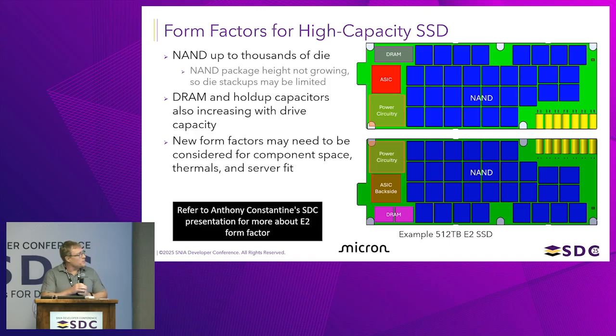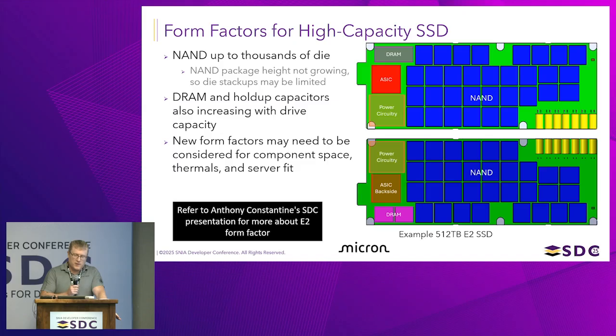All right, briefly, and I think this has been covered in other places here, Anthony Constantine from Micron covered the E2 form factor. But basically, we're having trouble fitting all the parts we need on gigantic drives like this. You can see there's 64 NAND placements here on this E2 512 terabyte drive.